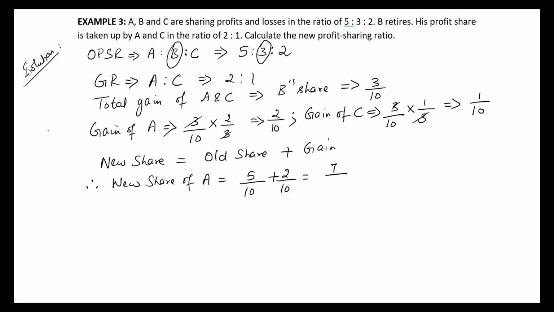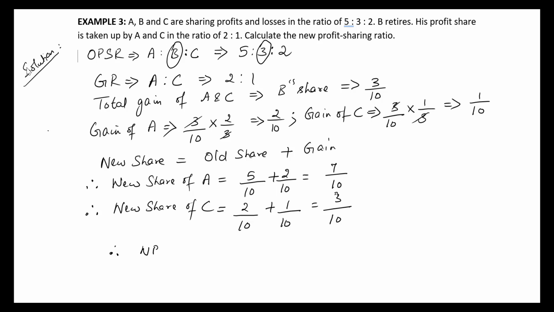And this comes to 7 divided by 10. Also, new share of partner C is equal to his old share, which is 2 divided by 10, plus the gain, which is 1 divided by 10, and this comes up to 3 divided by 10.